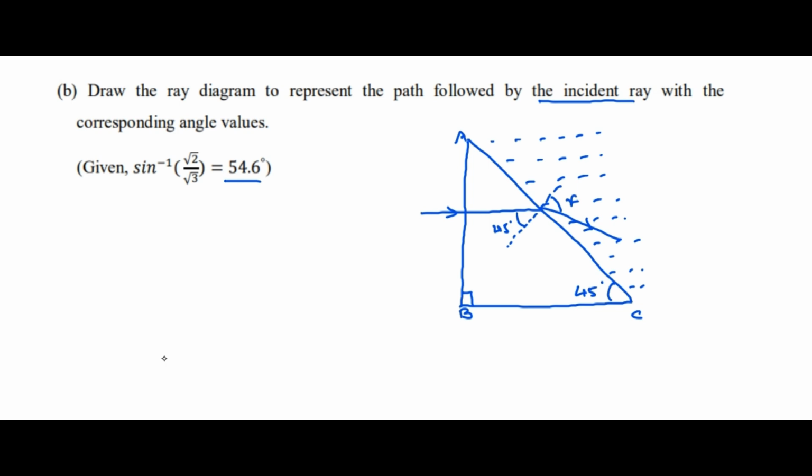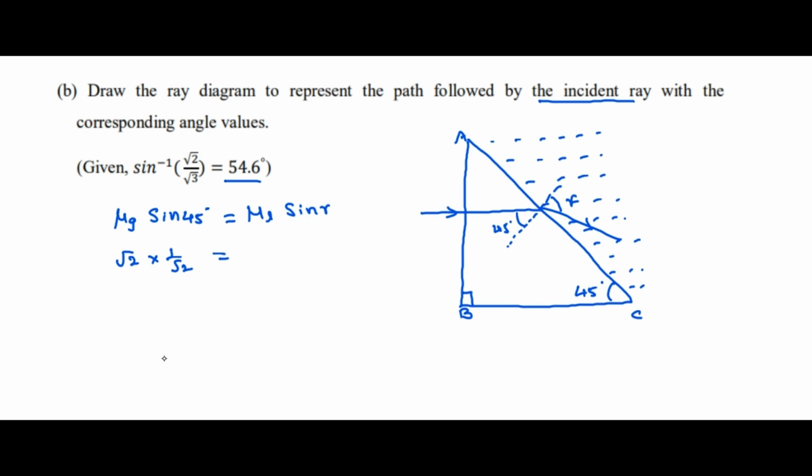So what is the value of angle of refraction here? The refractive index of the glass into sine of 45 degrees is equal to the refractive index of the liquid into sine R. Refractive index of the glass, we got root 2, into 1 by root 2, it is 1.